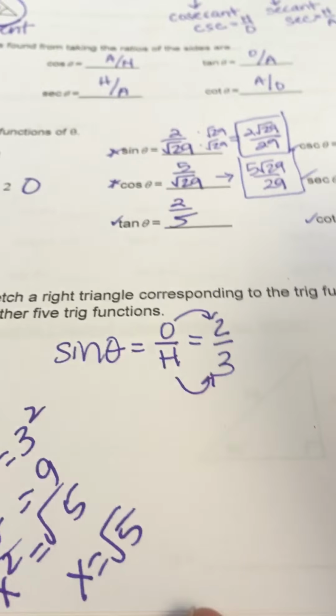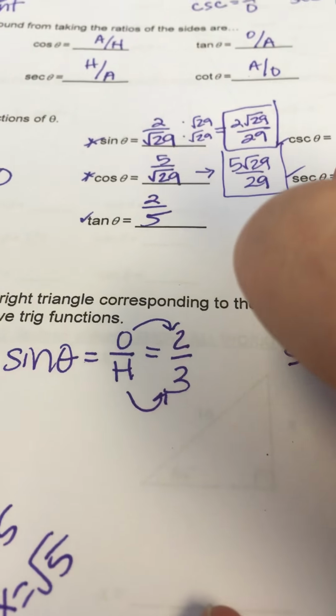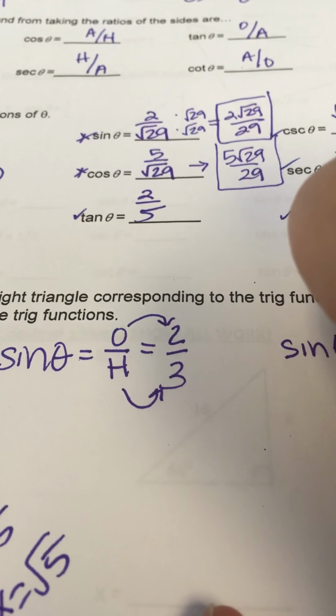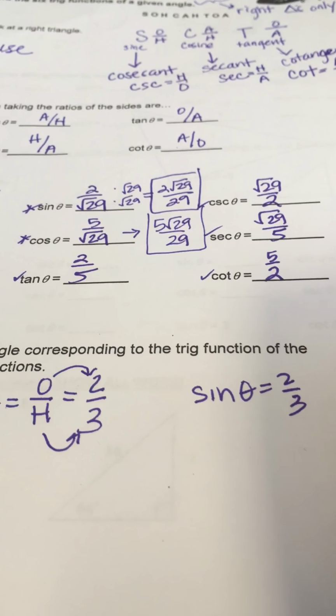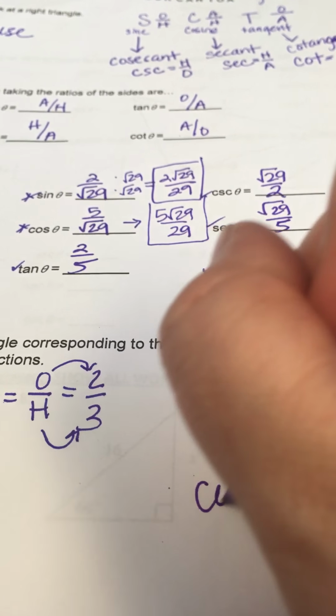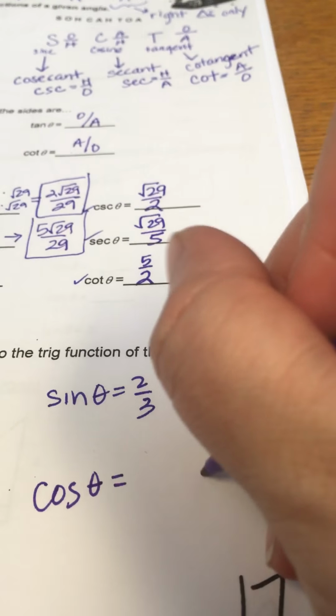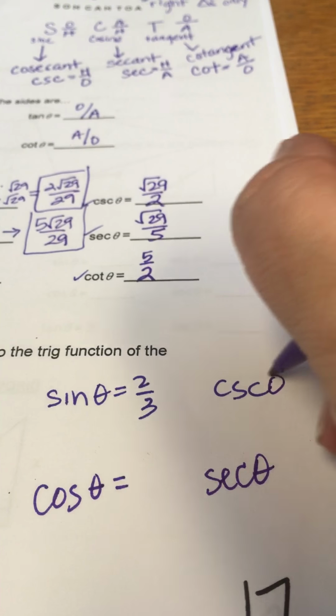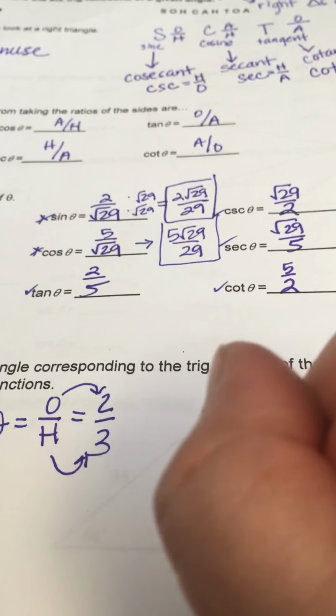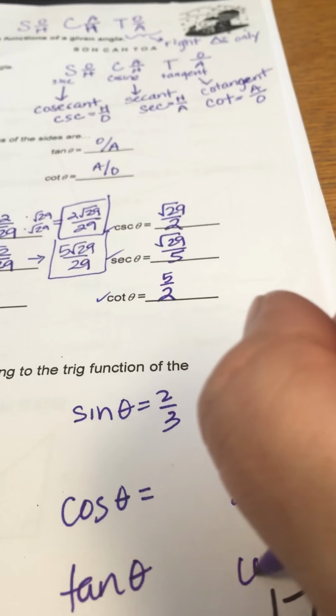Alright, so find the other trig functions. So I have sine is 2 over 3. So I'm going to find cosecant, and I'm putting it across because it works with sine. Cosine with secant. Tangent with cotangent.